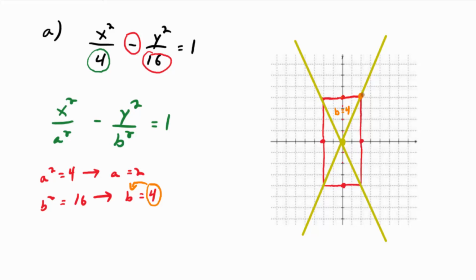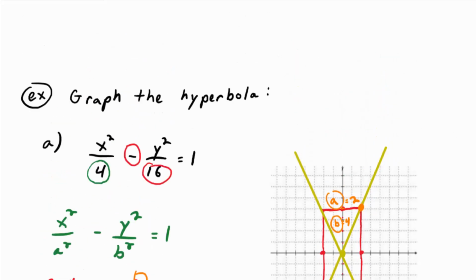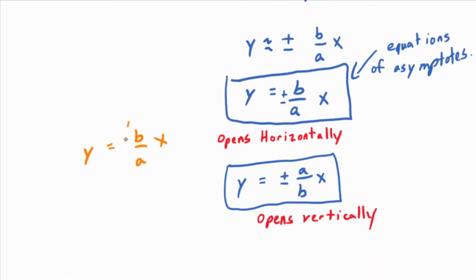And to get to this corner, I went over a distance of a, which was 2. So what's the slope of that line? It's b, the rise, over a, the run. Well, that's exactly what we derived right here. The slope is b over a. So that's why it works.